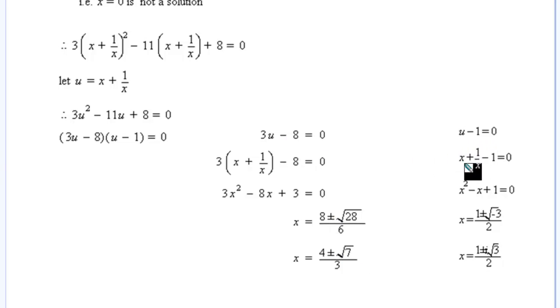With u minus 1 we get x plus 1 on x minus 1 is equal to 0, and we get x squared minus x plus 1. Now when we go to do that, our discriminant gives us a negative, so we're going to get complex roots. So if we wanted to factorise this over the real field, there are two real solutions: x minus (4 minus root 7) on 3, and x minus (4 plus root 7) on 3.